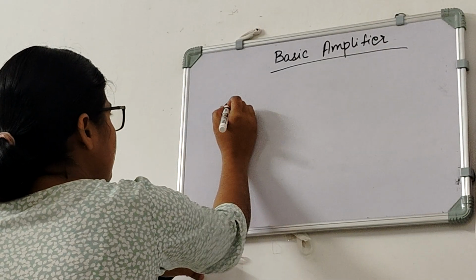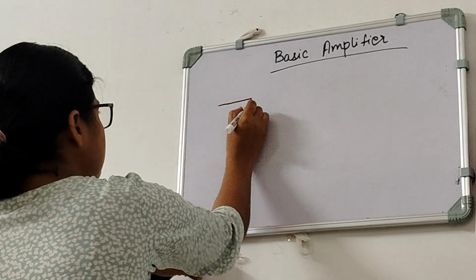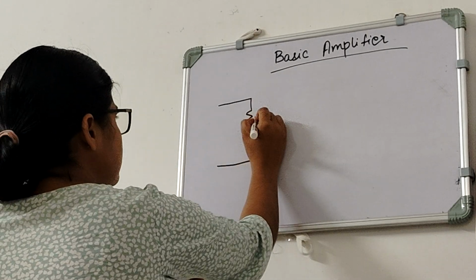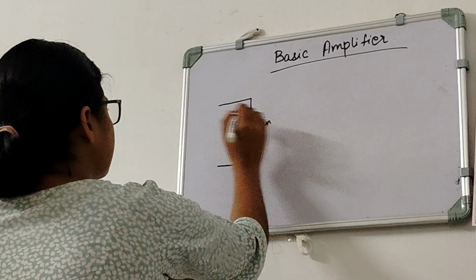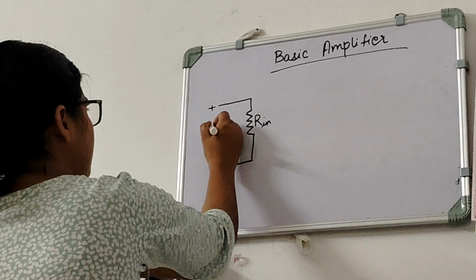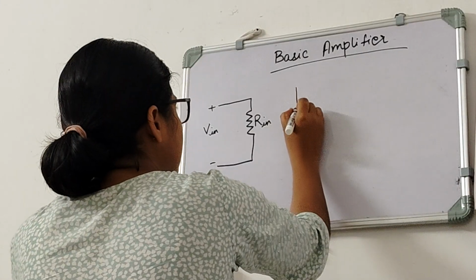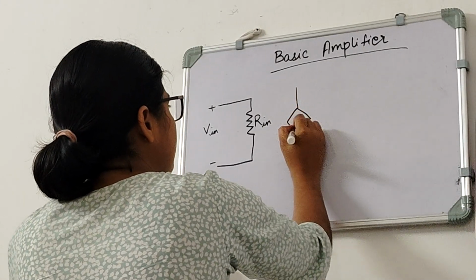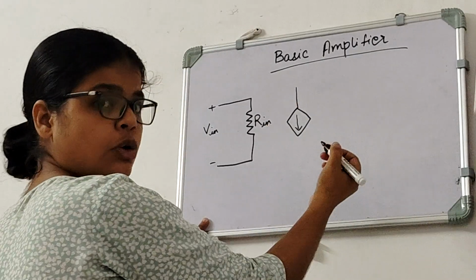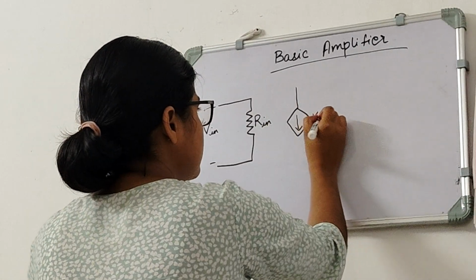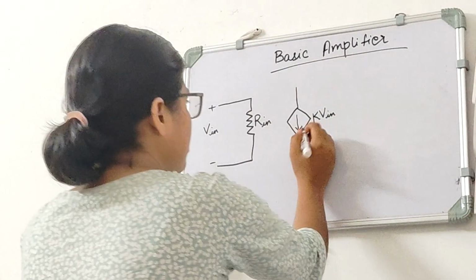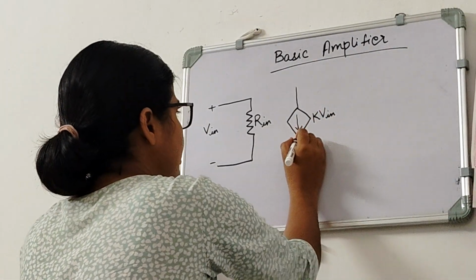This is the circuit of a basic amplifier, something like this. This is Rn. This will be Vin. Here we will have a voltage dependent current source, because it is a current source but its value is dependent on voltage, like you can see K into V. So it is called voltage dependent current source.